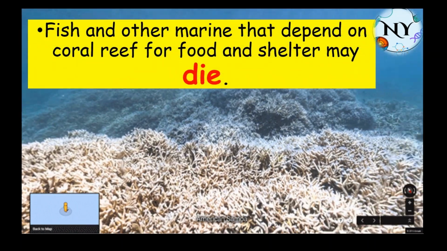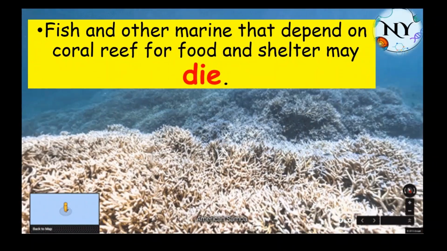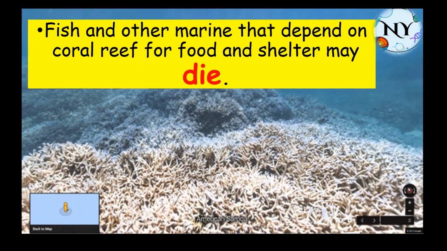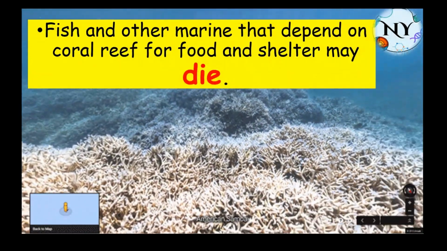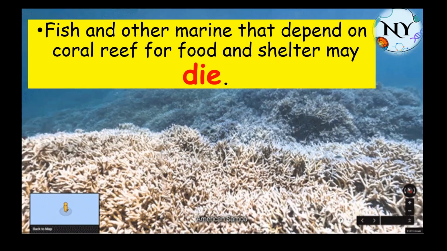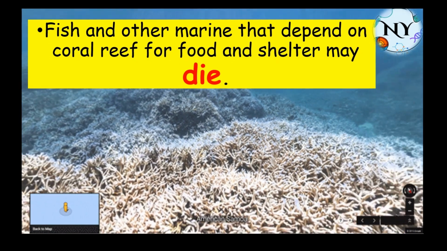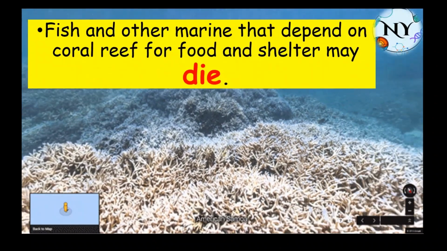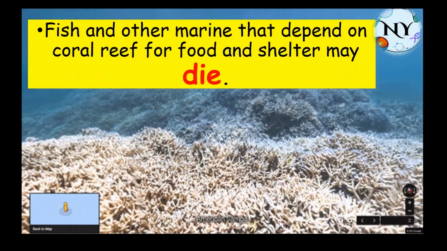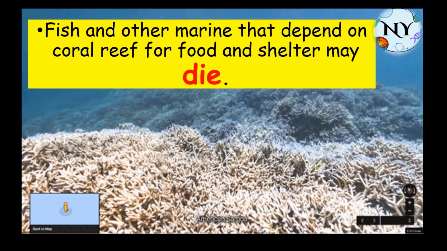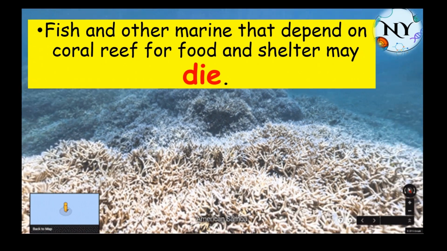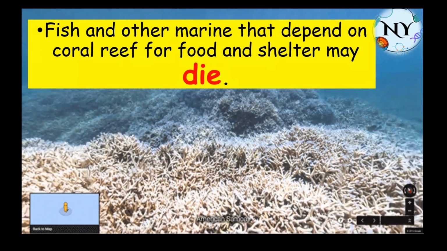So, fish and other marine organisms that depend on coral reef as a shelter and as food, they may die. So, it's not only causes a problem or causes death for coral reefs, but also it causes death for most of marine organisms which depend on coral reef as a food and as a shelter.